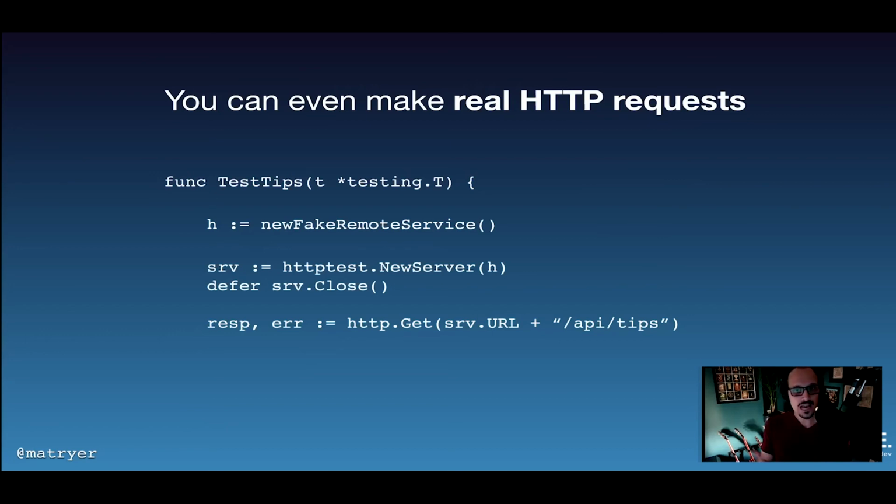So that's even more real than calling the methods. You're actually dealing in some way with real HTTP, because as you can see, that's the http package there, the Get. So it is making a real HTTP call. So it doesn't get more real than that.